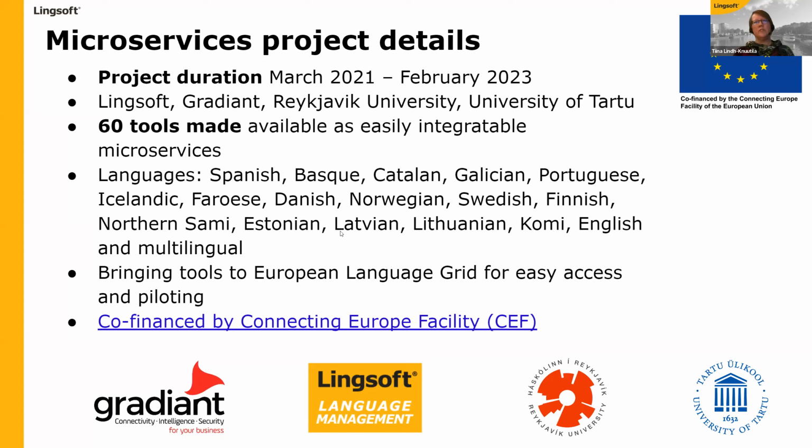So Norwegian, Swedish, Finnish, Northern Sami, Estonian, Latvian, Lithuanian, Komi, and then English wasn't part of the language list that we were supposed to cover, but there were tools that also existed in English, so we included those tools as well. And then there are some multilingual tools as well.